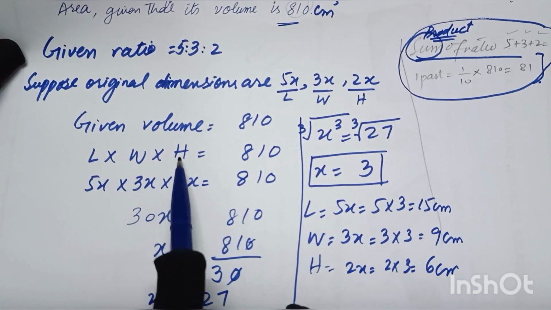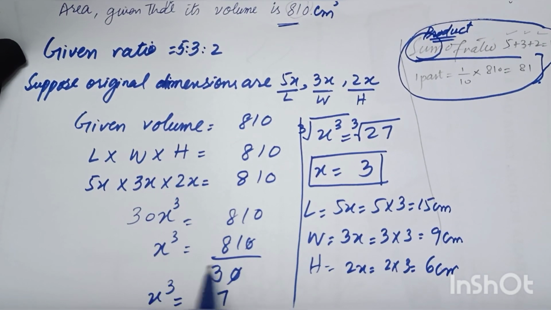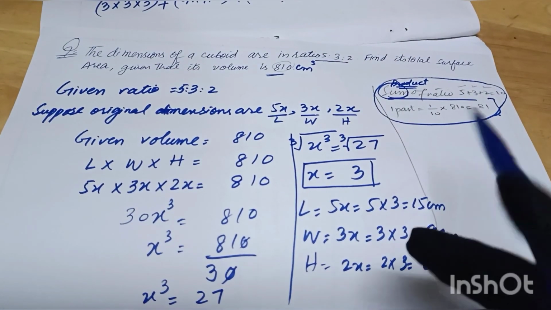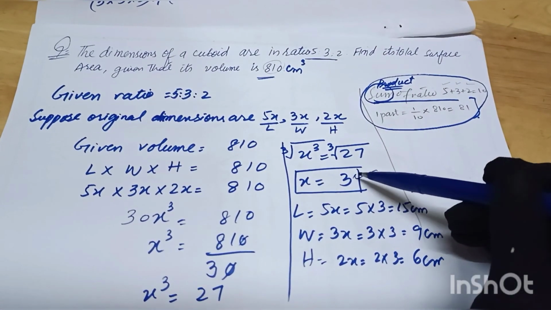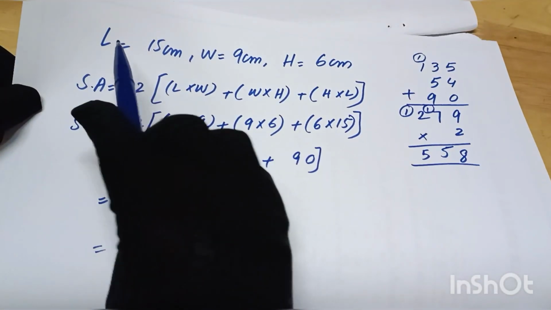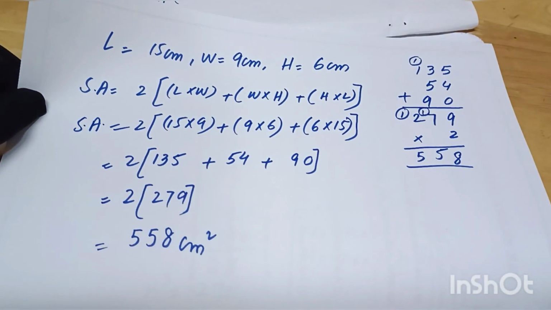Length into width into height, write down their supposed values, then solve in a simple way. After solving for the value of x, you can find the length, width and height, and with these you can find the surface area by using the surface area formula.